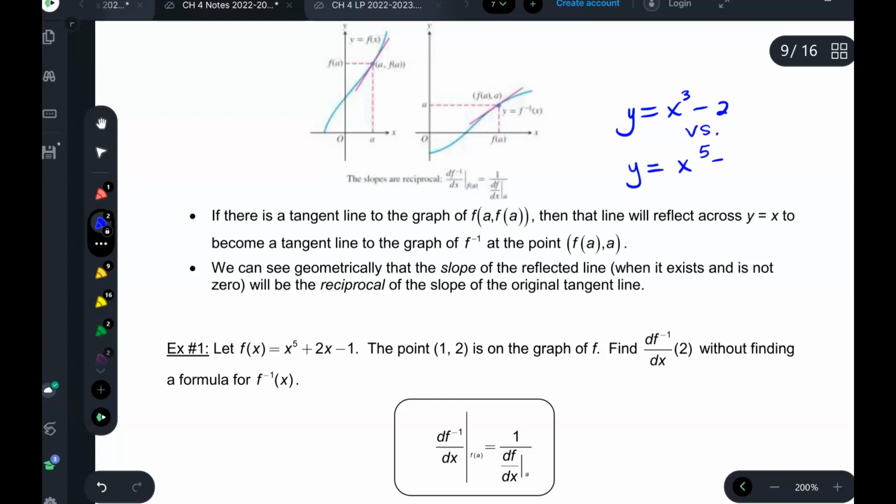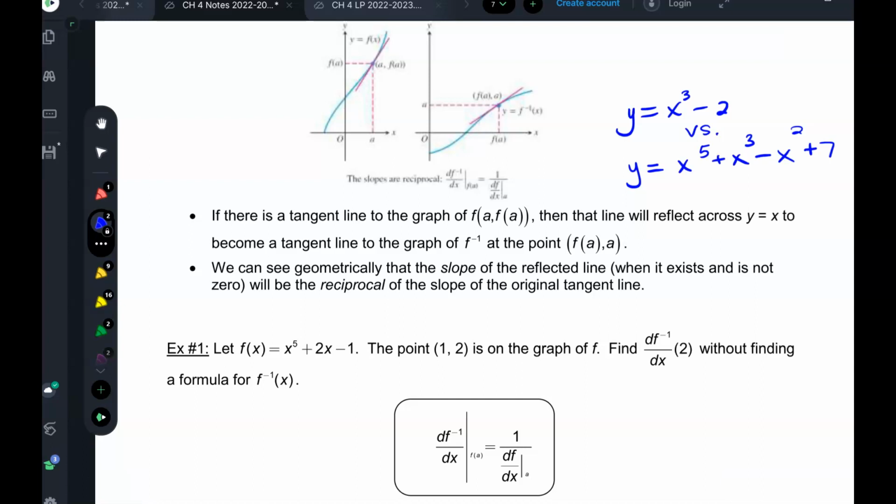Versus, let's say it's x to the 5th plus x cubed minus x squared plus 7. That's a polynomial to the 5th power, so I know it's going to have an inverse function. Do I have an easy way to switch the x and y and isolate y? No, but I still want to be able to find the derivative of that inverse.